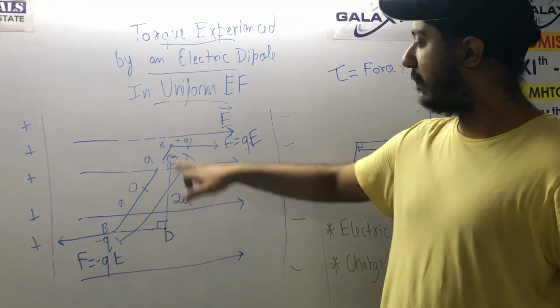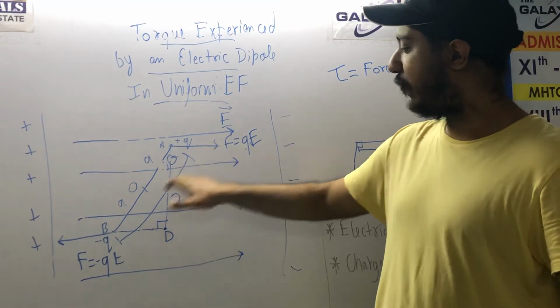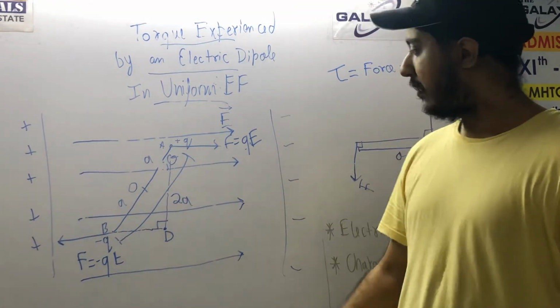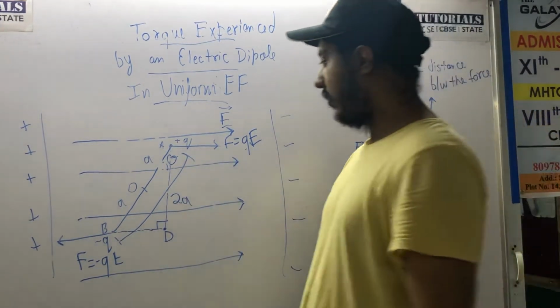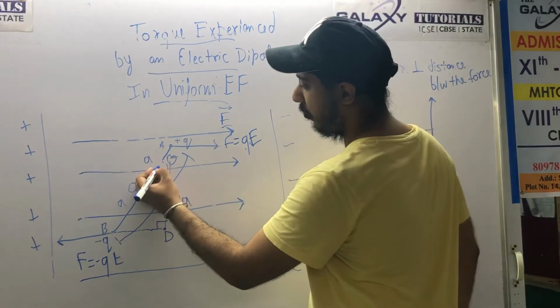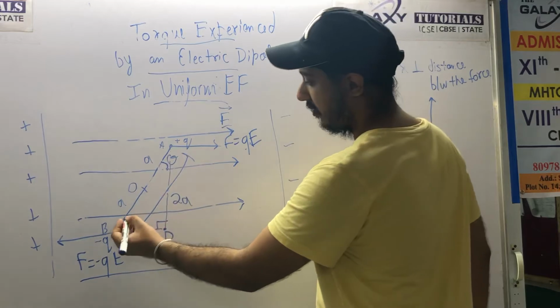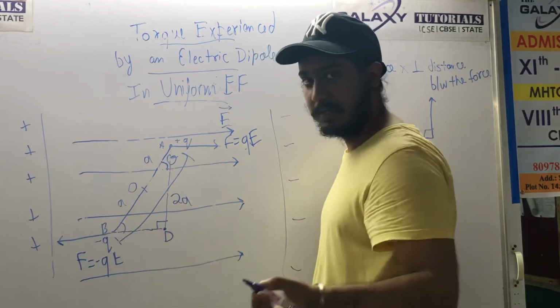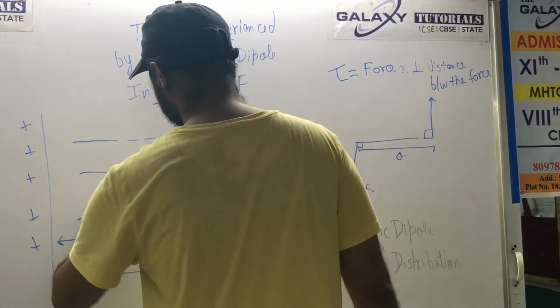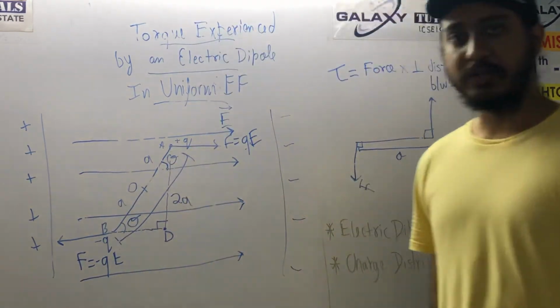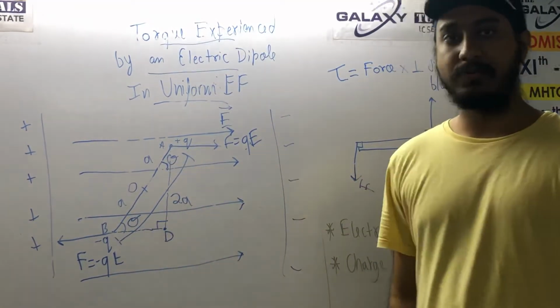So this AD is the perpendicular distance between this force and this force. So how will we find this? I already told you that this is at an angle theta. If this angle is theta, what will be this angle? Theta. Corresponding angles. Both are corresponding angles. This will also be theta.